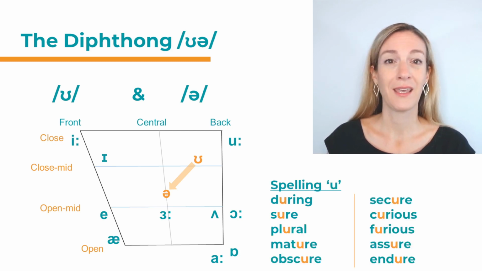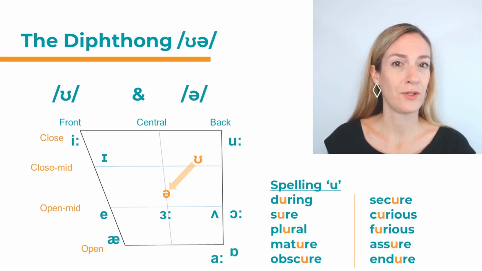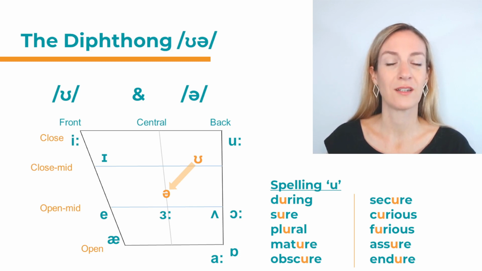Here are some example words, and you can see that most of the time, the spelling is simply a U letter. For example, during, sure, plural, mature, obscure.